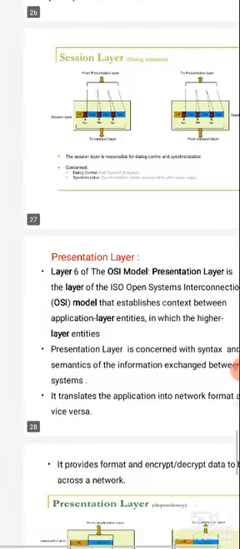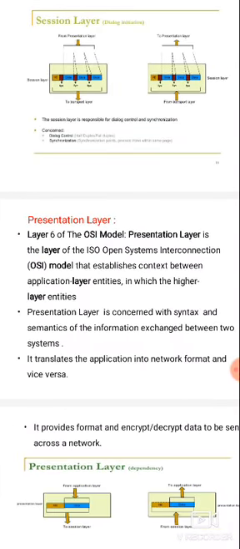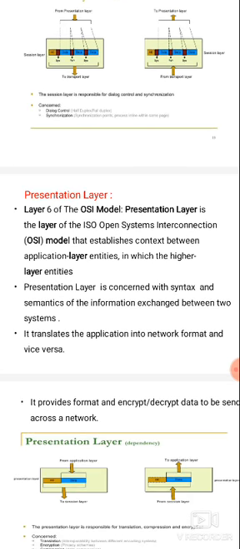The next layer is the presentation layer, the sixth layer of the OSI model. The presentation layer establishes a connection with a context between application layer entities, which are the higher layer entities.